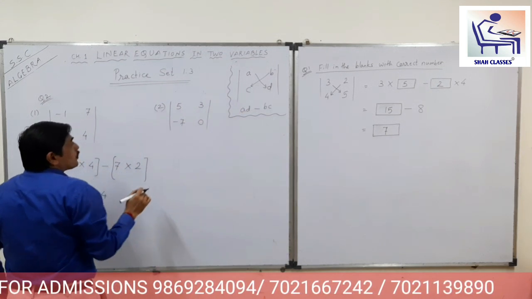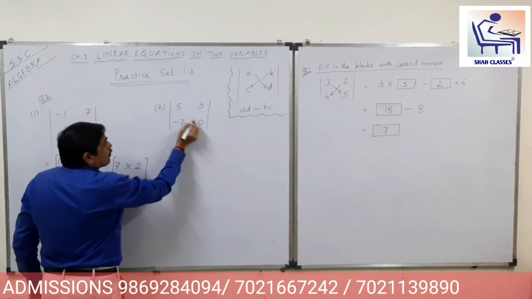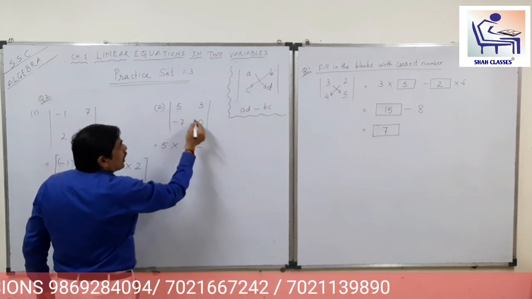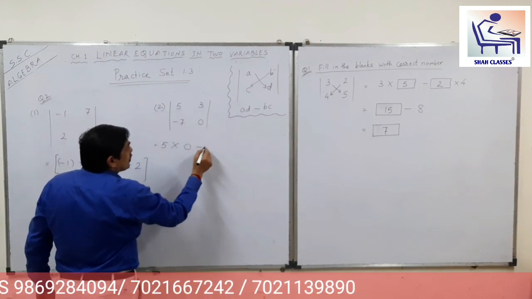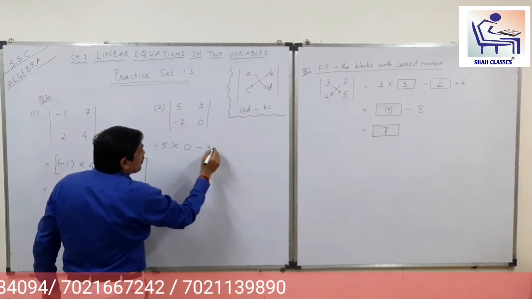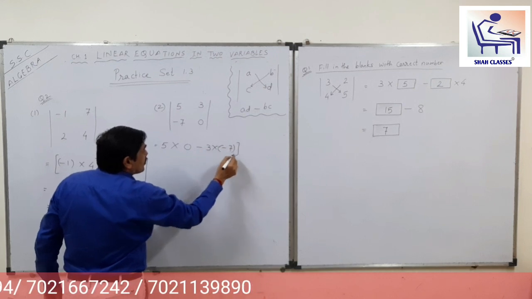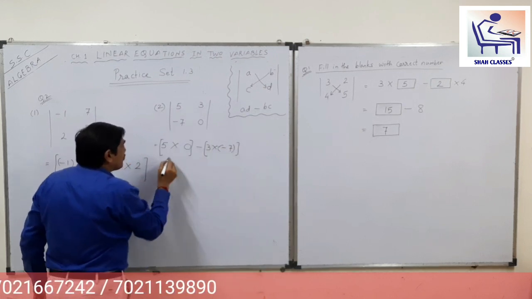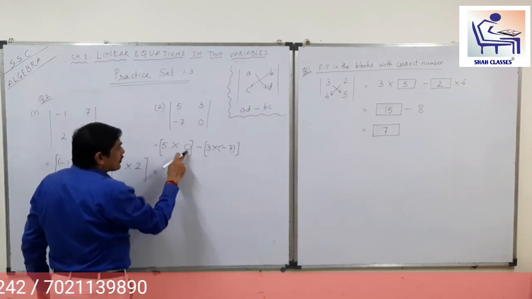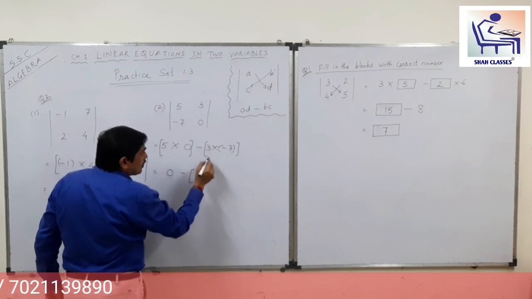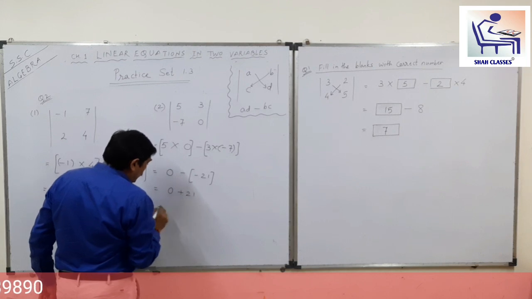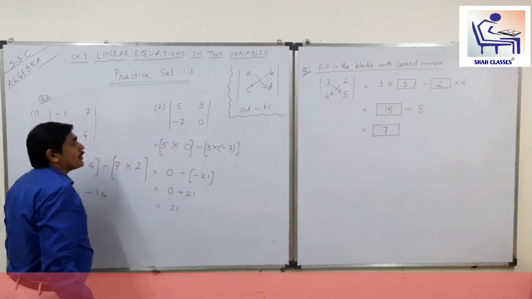Once again we are moving in the same direction. 5 into 0, so A into D minus B into C, so minus, here we have to multiply, -7, so please put a bar bracket. Now 5 into 0 is 0, any number multiplied by 0 is 0, minus 3 sevens are 21, and minus minus plus. So 0 plus 21 is 21.